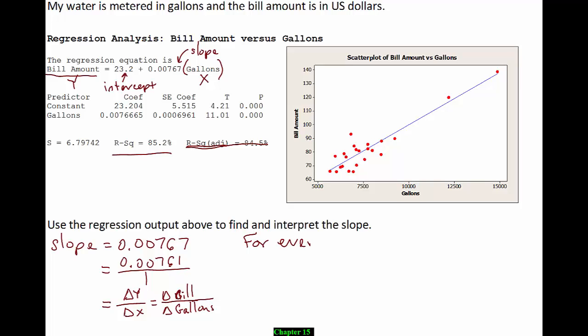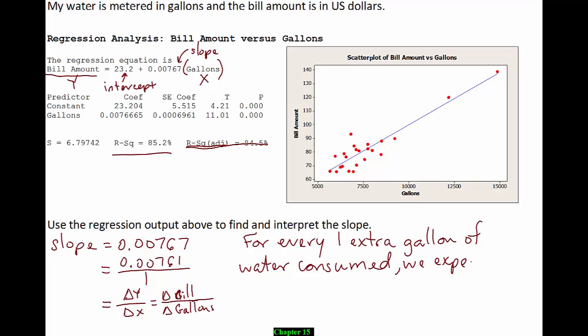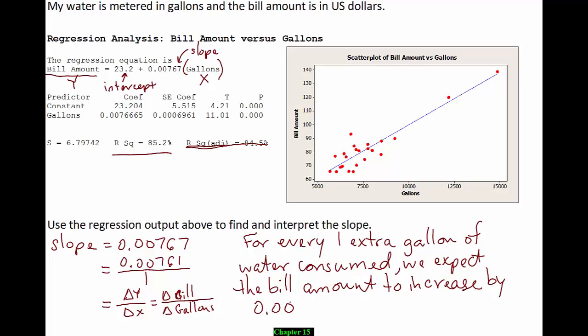So for every 1 extra gallon of water consumed, we expect the bill amount to increase by $0.00767.